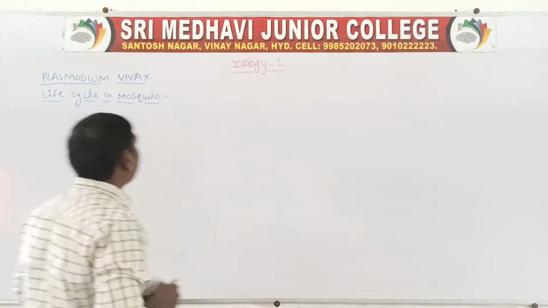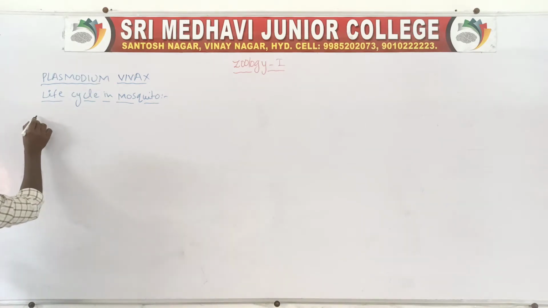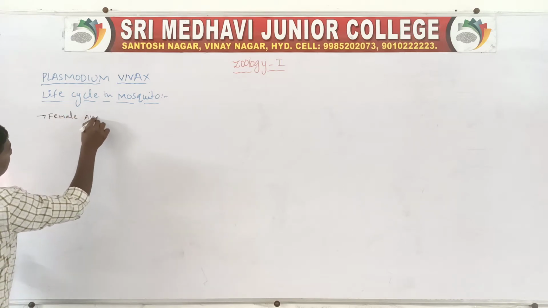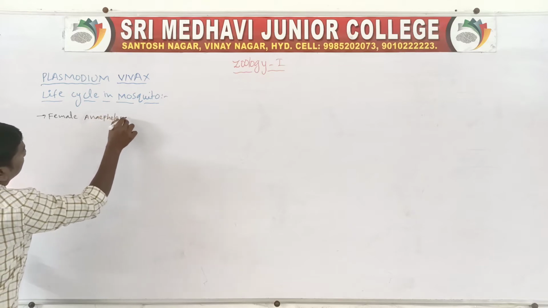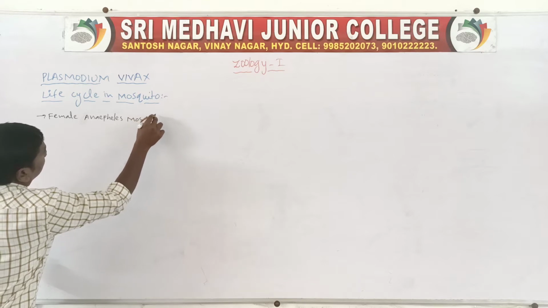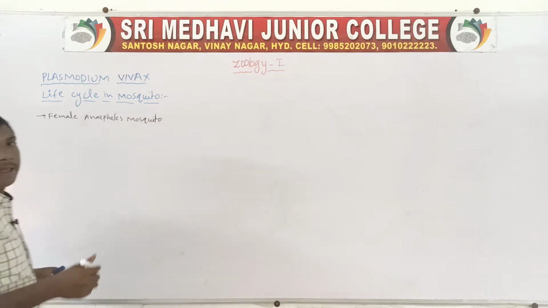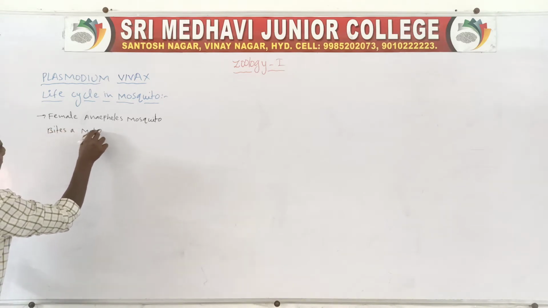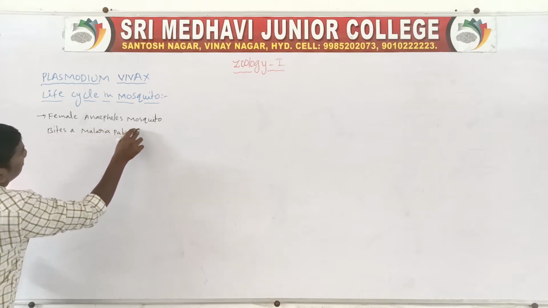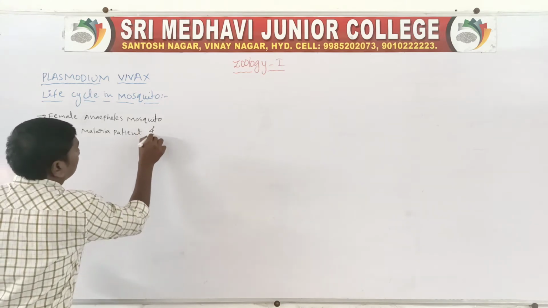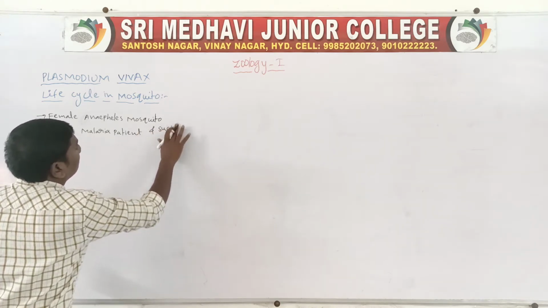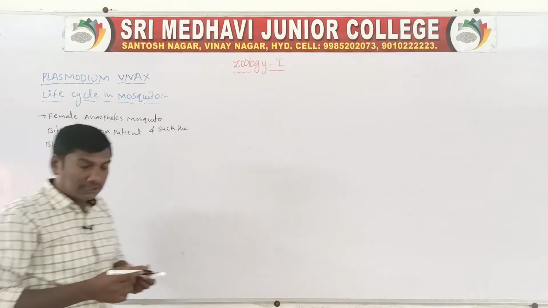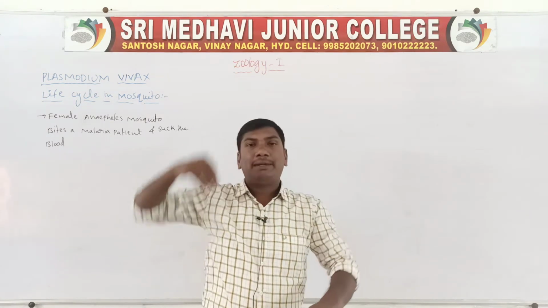So the female Anopheles mosquito bites a malaria patient and sucks up the blood of the malaria patient.